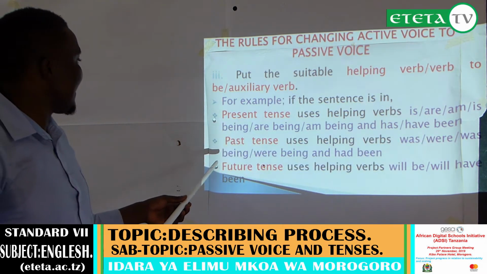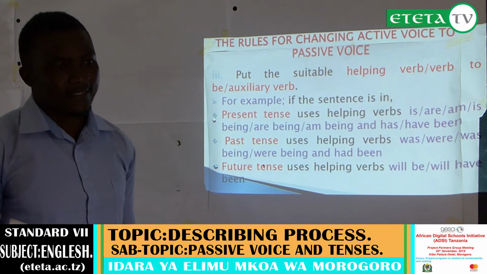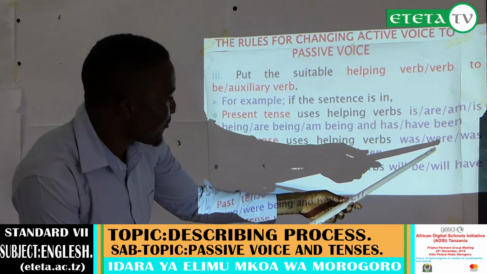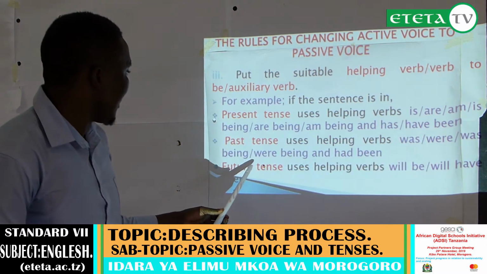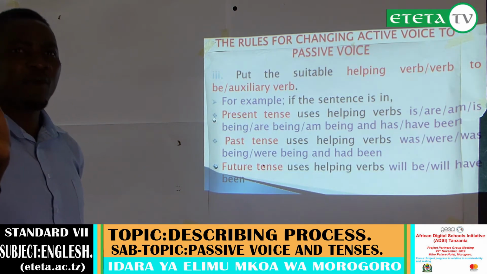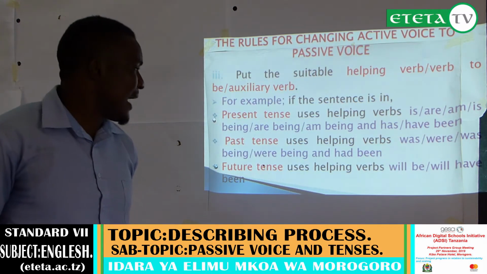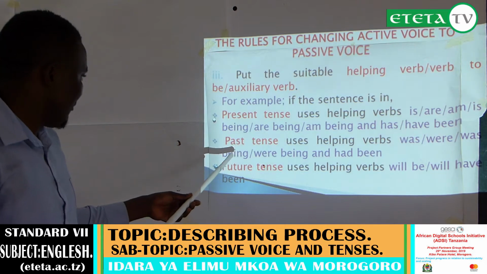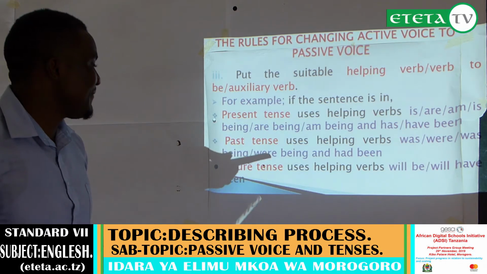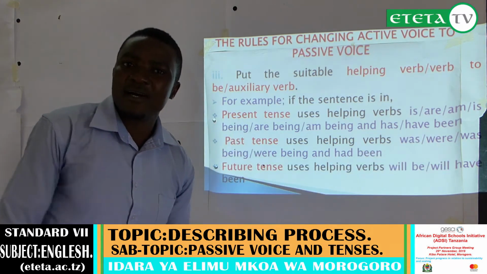Then if the sentence is in past tense, use helping verbs which are was, were, was being, were being, and had been. What you have to keep in mind is that past tense is divided into different types of tenses. For example, if it is simple past tense, you will have to use was and were.